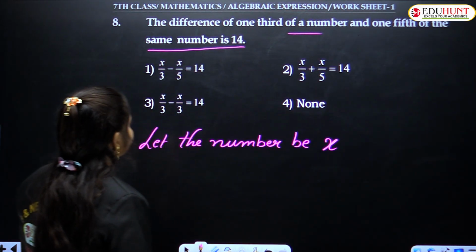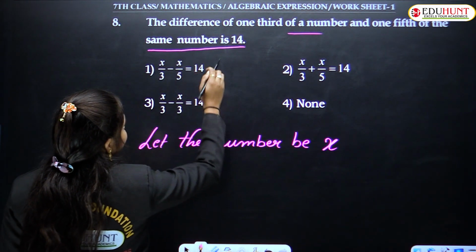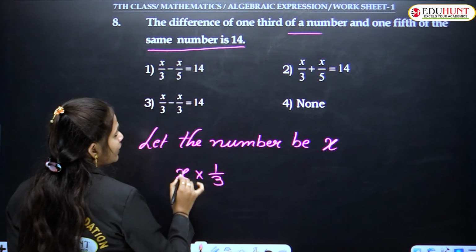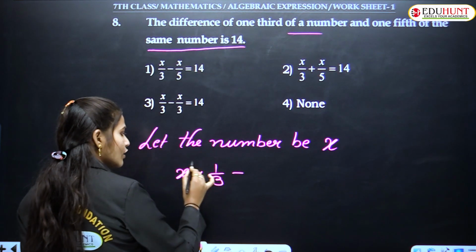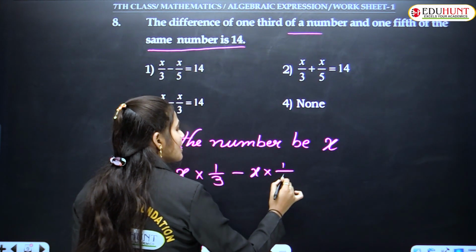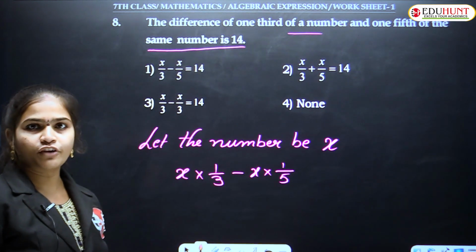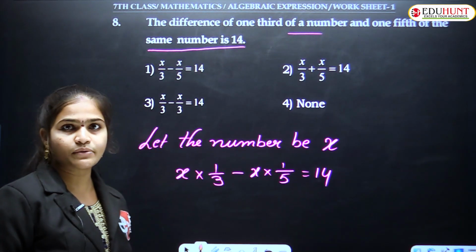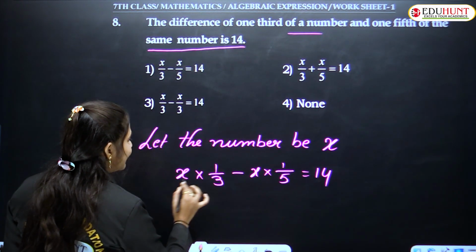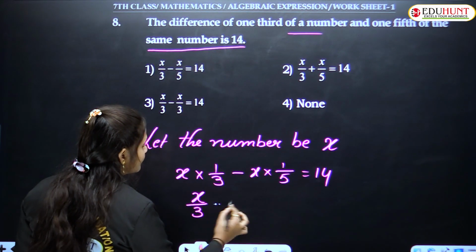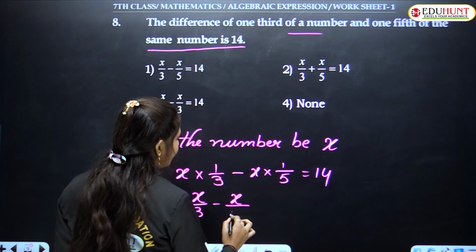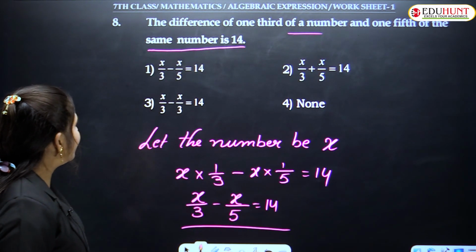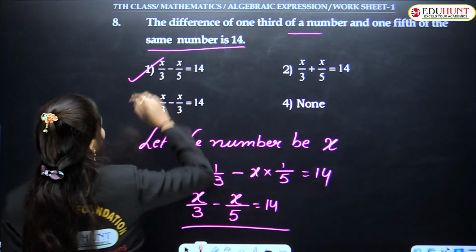Understand? Yes. Now what they are saying: the difference of 1/3 of a number and 1/5 of the same number, which is equal to 14. x into 1 is x by 3 minus x into 1 is x by 5, which is equal to 14. x by 3 minus x by 5 is equal to 14.